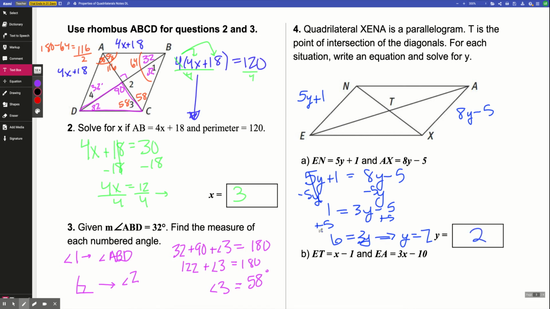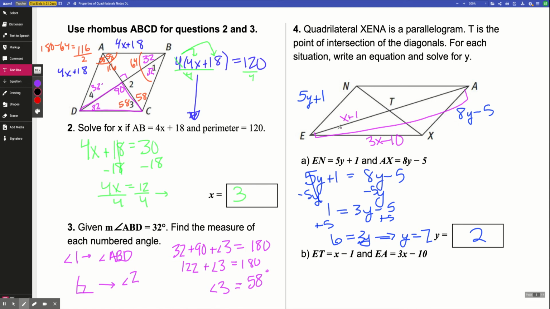Okay, and then that second problem there is ET is x plus 1, and then EA, which is this whole thing, is 3x minus 10. Now, this is a little bit trickier. What a lot of people like to do is say, oh, those things just have to be equal, but they're not, right?